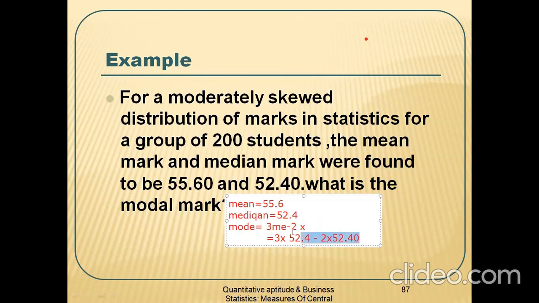The final number is 62. So 62 is the answer.